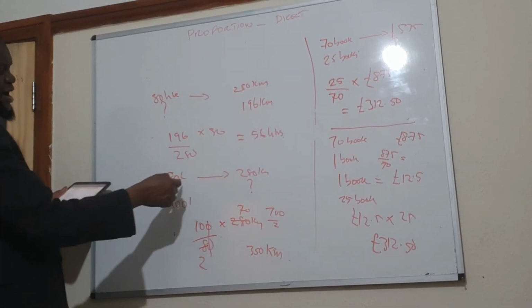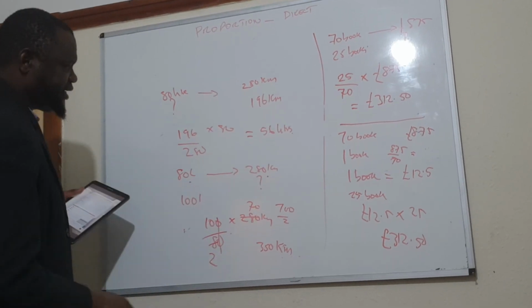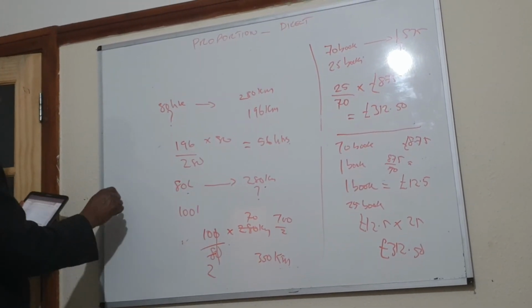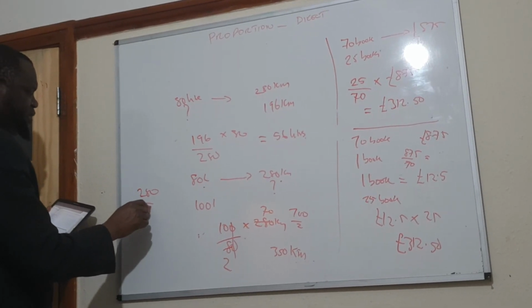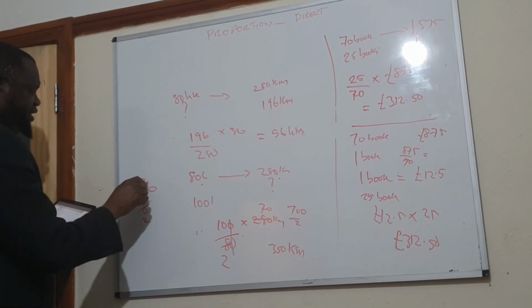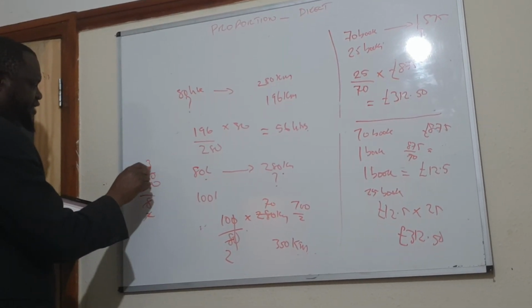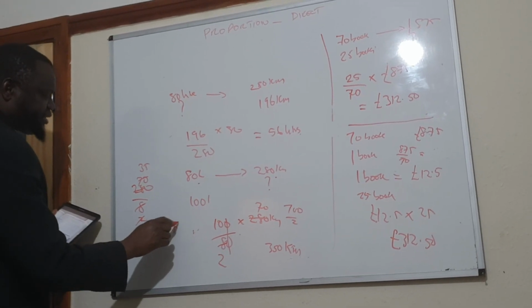In the other way, you have to find how many kilometers one liter will take you. That will be 280 divided by 8. 4 can go 2 times. 4 can go 70 times. 2 can go 35 times. So 1 liter will take you 35 kilometers.